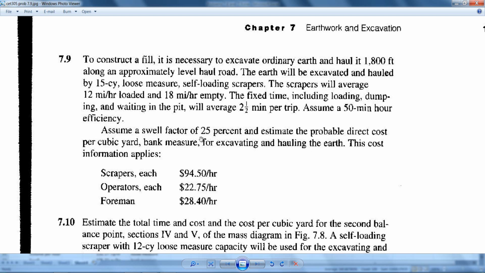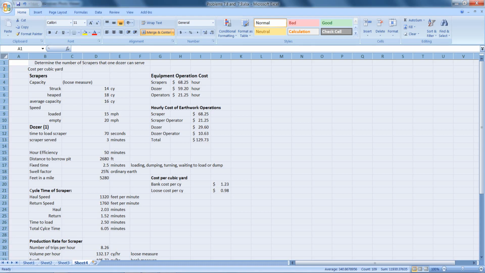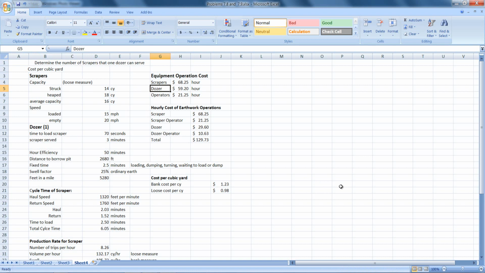So a lot of the same factors. Swell factor is the same. So let's go in and put in these costs, $94.50, $22.75, and let's get rid of that dozer and put in a foreman instead of the dozer. So let's go ahead and put a foreman in.